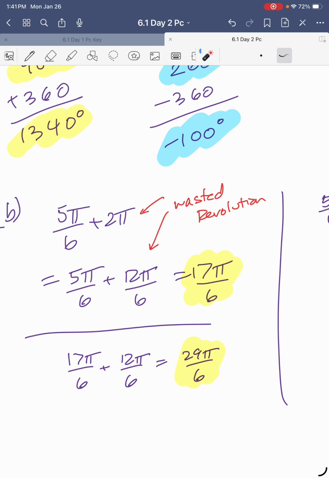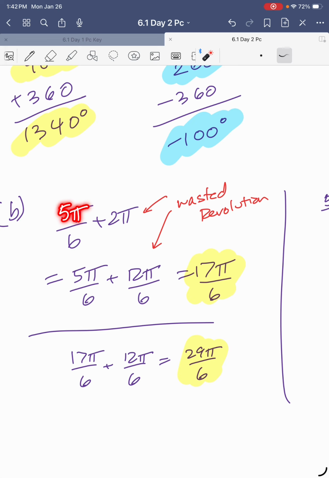What if I have this angle, 5 pi over 6, and I want to know something coterminal? Well, now a wasted revolution is going to be 2 pi, because that's the same as 360 degrees. So when I add 2 pi, sometimes 2 pi is pi, but sometimes it's 12 pi over 6, especially if I'm wanting to add it to something that has over 6 in it.